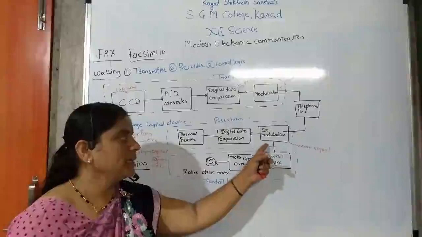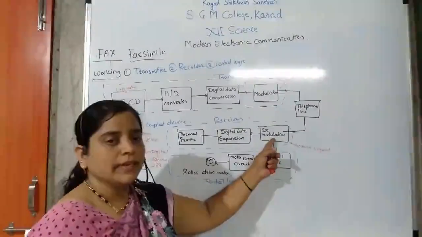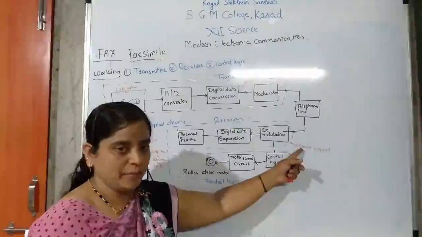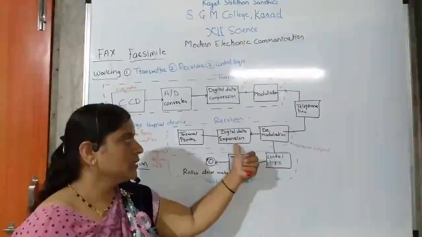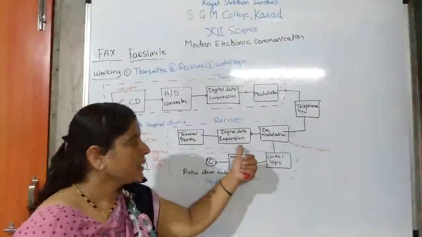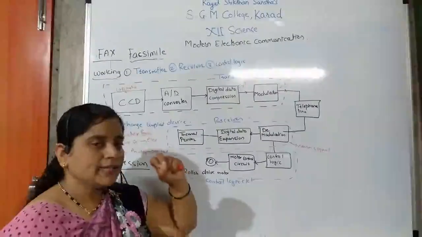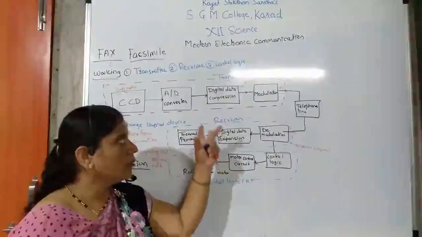See, the telephone line gives the signal to the demodulation. In demodulation, the carrier signal is removed and it gives the signal to the next block, the digital data expansion block. In digital data expansion, whatever data was compressed is expanded into the original form.